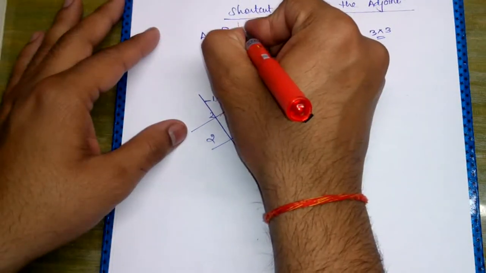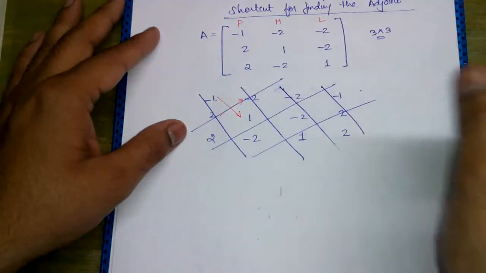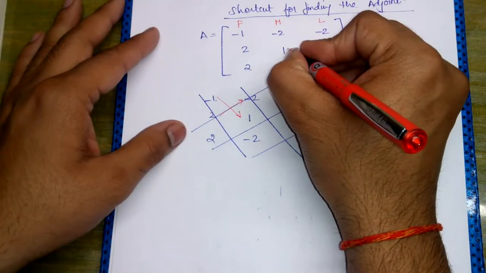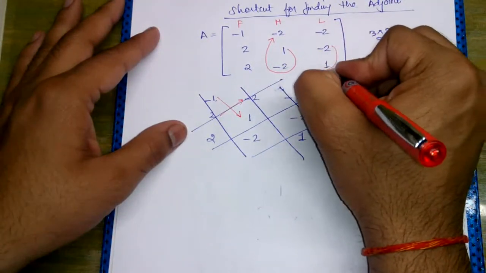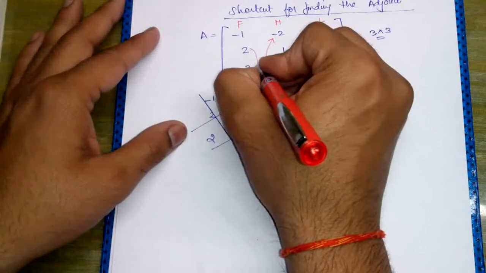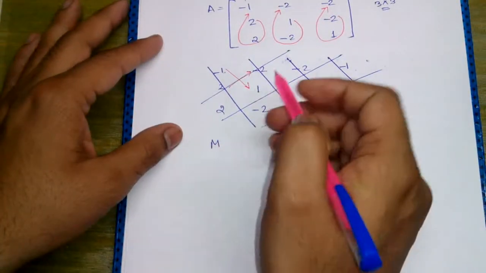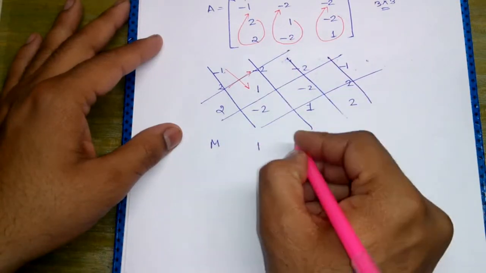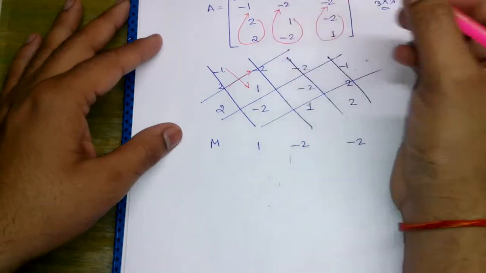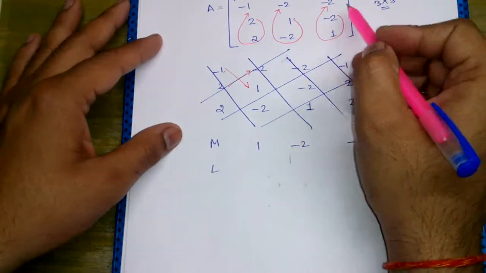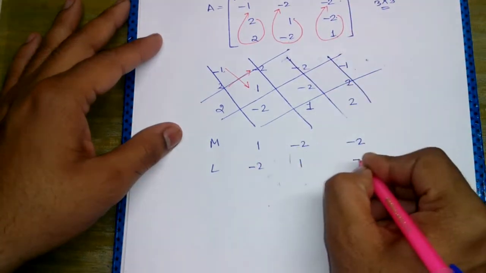This is the first column, this is the middle column, and this is the last column. Okay, in the middle column we will move from the middle to the first term. In the last also we will write from here like this, and in the first also like this, such that if we talk about the middle, we will write 1 -2 -2 1 -2 and -2. Then we will write last -2 1 -2 -2 1 -2.